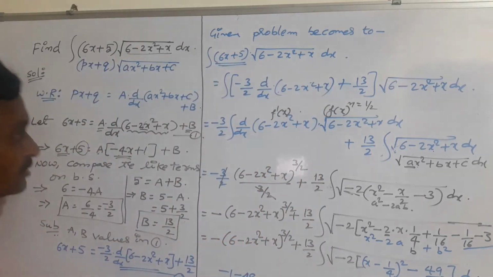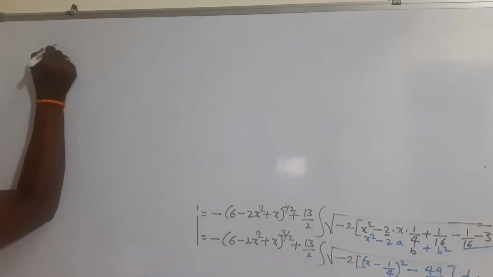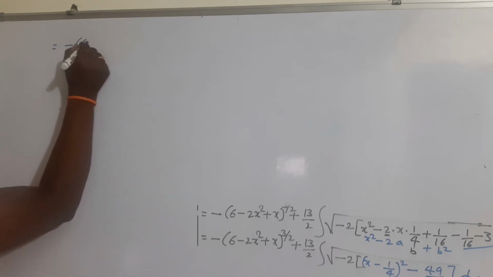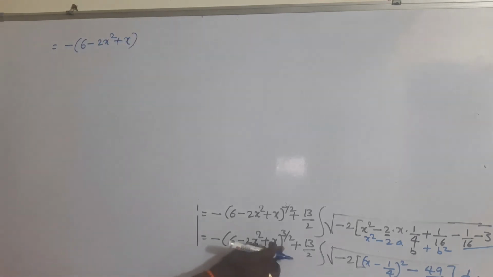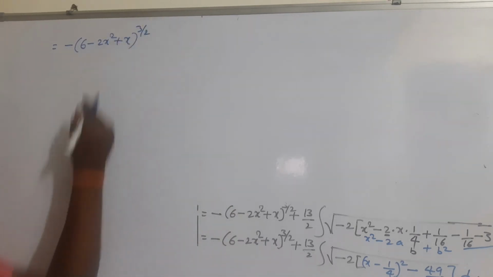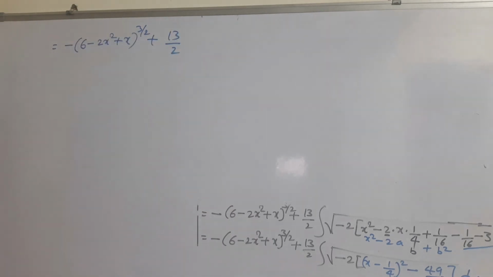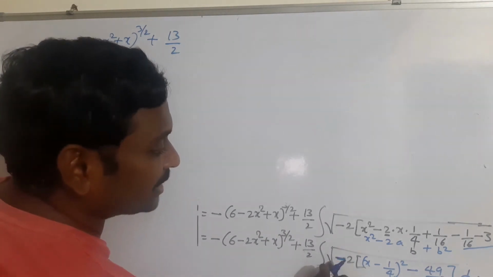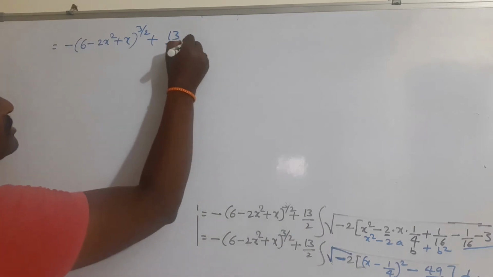Now I will write the continuation this side. See the next step. That is equal to, first term is similar term, minus of (6 minus 2x square plus x) whole power 3 by 2 plus 13 by 2. So here we are observing that take this negative sign inside and this is nothing but root 2. Write root 2 outside.